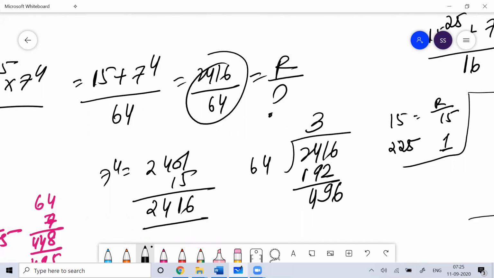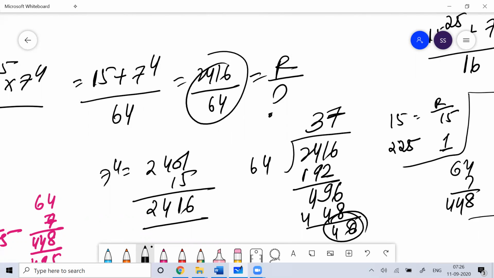Then 64 nines is 576 something, 64 eights also carry, 64 sevens is 448. So you'll get 8 and you'll get 4, you'll get 48 as the answer. So this is what you have to do for this problem. So the answer for this problem would be 48.